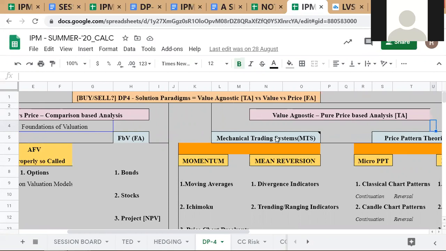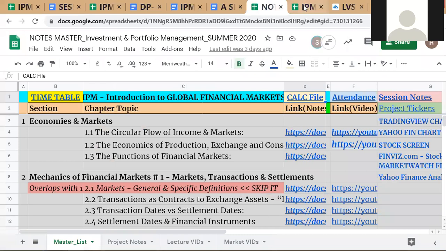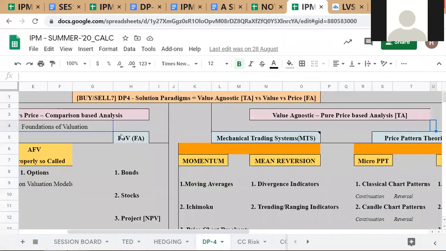So these are the 2 broad approaches, and obviously they are very different from each other. Under that, we discussed a little bit about FA, and then we came on to TA. Now we start discussing the differences between FA and TA, because we have to address the question of how you choose between FA and TA, which Utsav had mentioned as one of the important decision problems that you will have to solve.